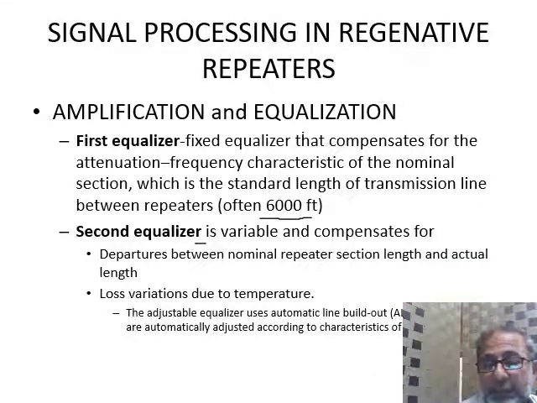The second equalizer is variable and compensates for departures from nominal repeater section length and actual length. Then loss variations due to temperature also.